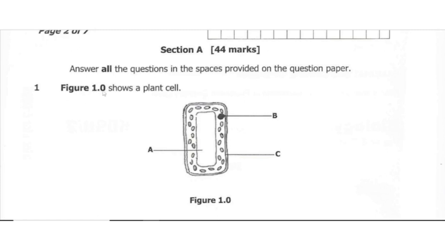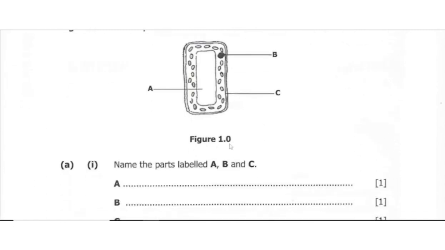Figure 1.0 shows a plant cell. They are saying name the parts labeled A, B, C. So what is A?